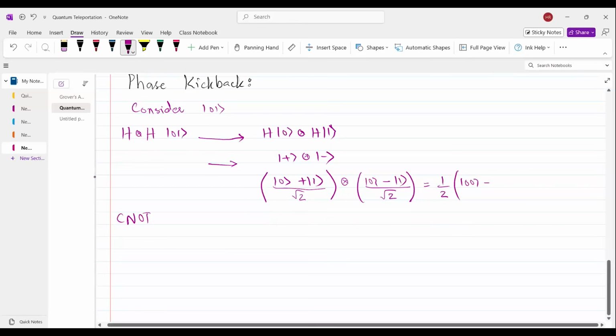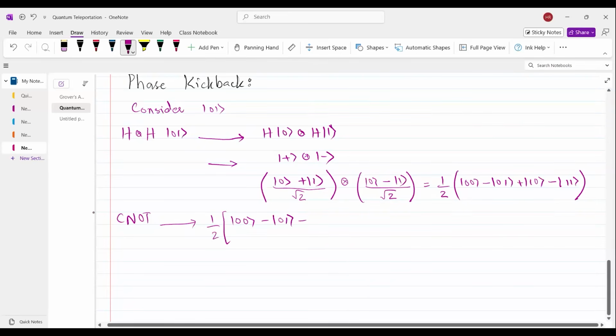When the control qubit is 0, the second qubit remains the same.